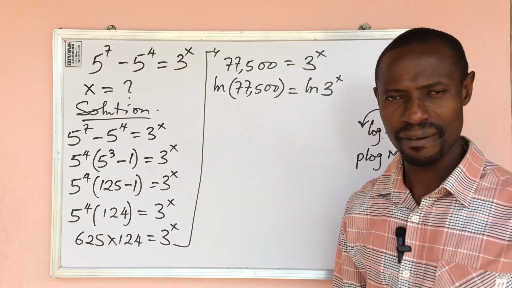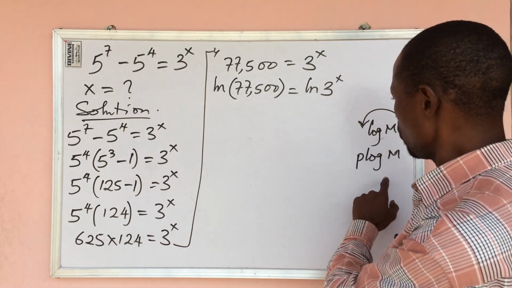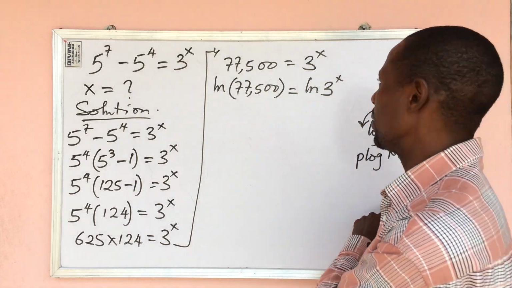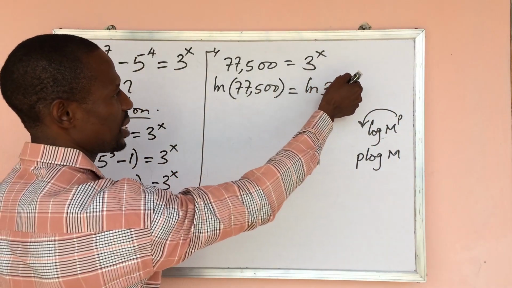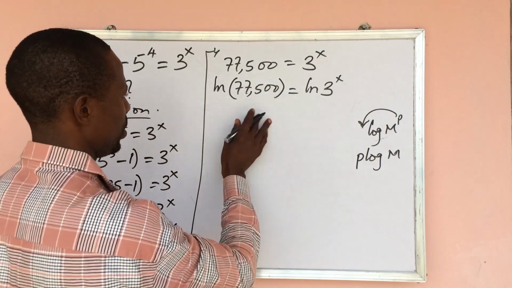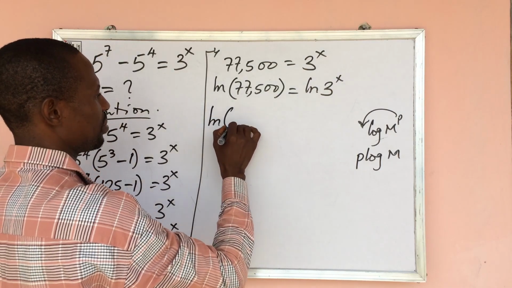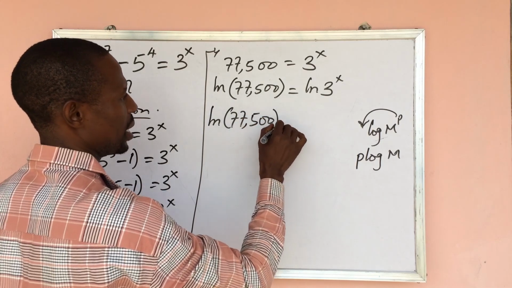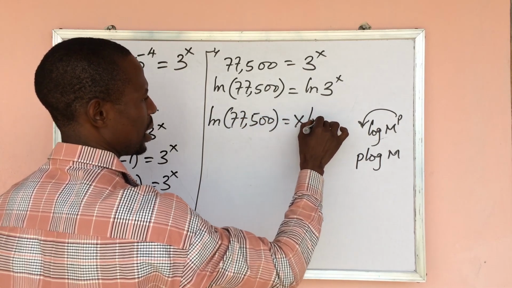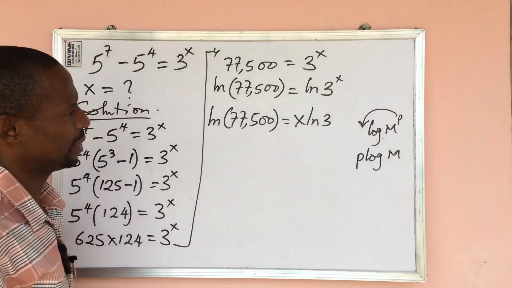You can watch that video and see this law in there. So let's proceed. If we apply that law, we move this x to the front. So here we have ln of 77,500 equals x ln 3.